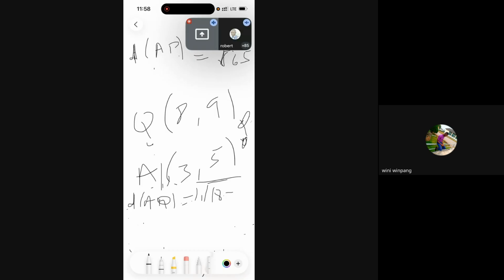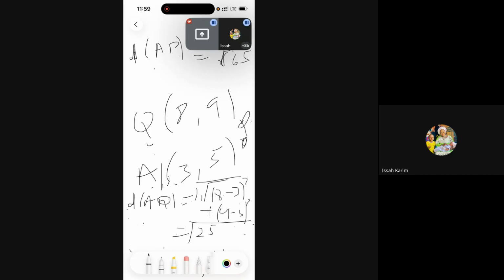So we have 8 minus 3, squared, plus 9 minus 5, squared. So 8 minus 3 is 5, and 5 squared is 25. Whether you write 3 minus 8 or 8 minus 3, it's going to be negative 5 squared, which is 25.